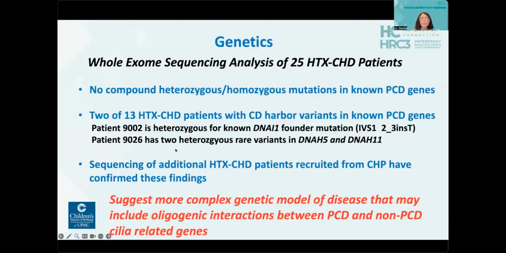So this really shows that the classic genetic model for PCD does not fit what we observe in heterotaxy CHD patients. And in fact, it would suggest that there's probably a more complex genetic model of disease underlying the ciliary dysfunction in the heterotaxy CHD patients, and that it may involve oligogenic interactions, perhaps including between PCD and non-PCD cilia-related genes.